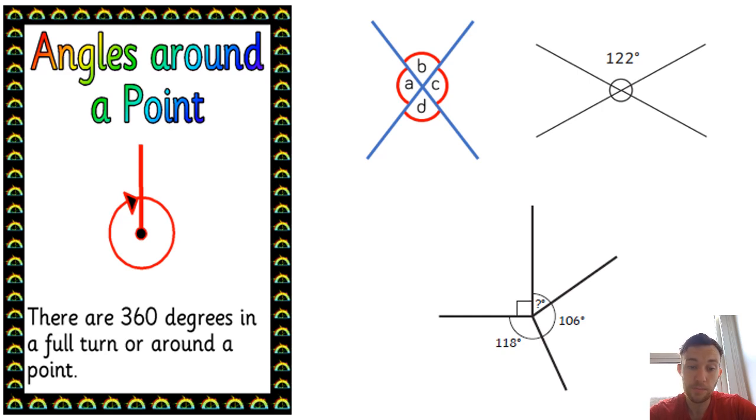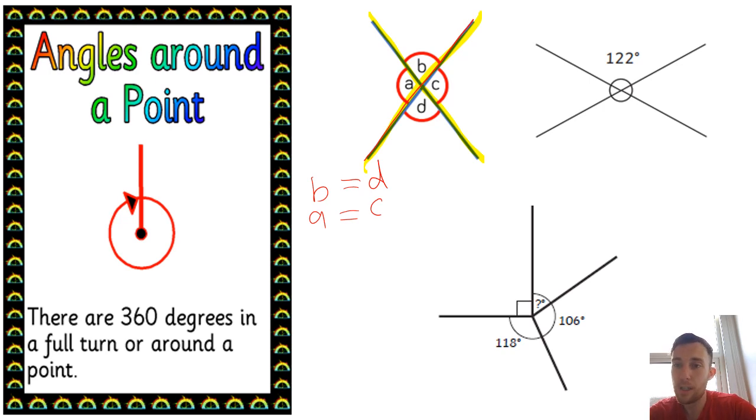Okay, let me just highlight the X. So you might get an X question, and it's really important that you understand that the opposite angles are the same. So in this particular case, I can see that B would be equivalent to D, and A would be equivalent to C. This only works for X style questions.